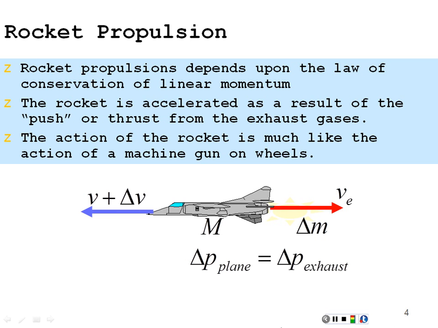So the momentum of the rocket will be equal to the momentum of the exhaust. The mass times the change in velocity of the rocket will equal the change in momentum of the exhaust. If we're throwing out stuff at a constant exhaust speed of v sub e, then that times the change in mass that we're throwing out will be the momentum of the exhaust.